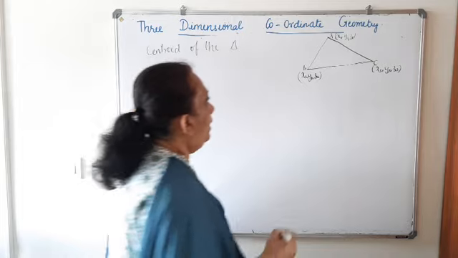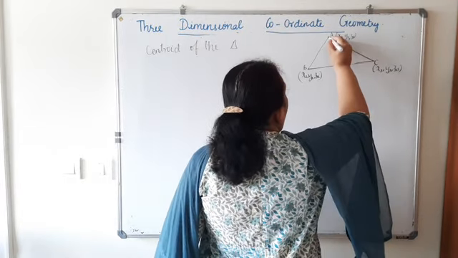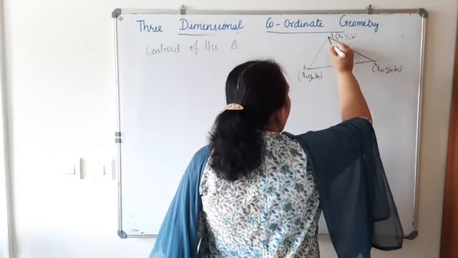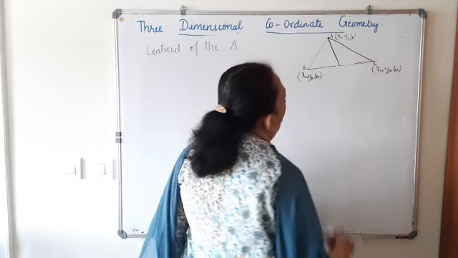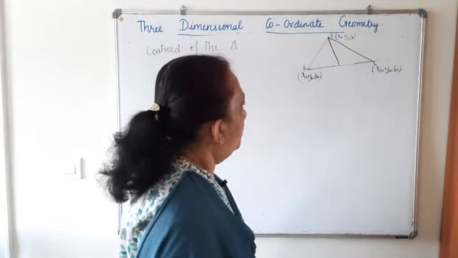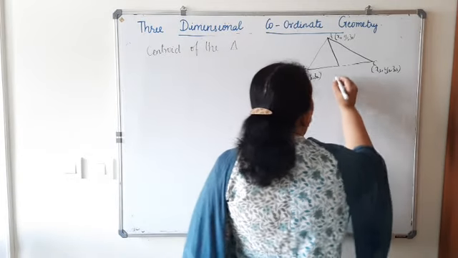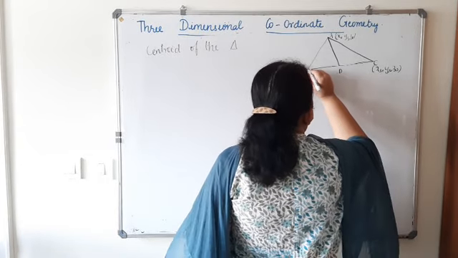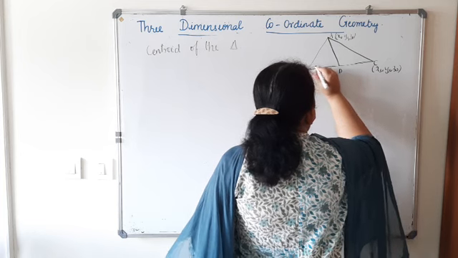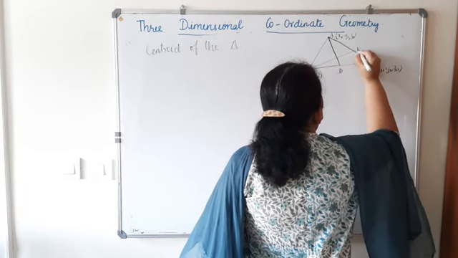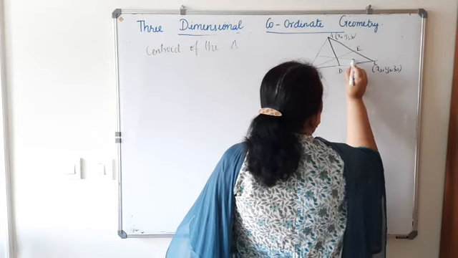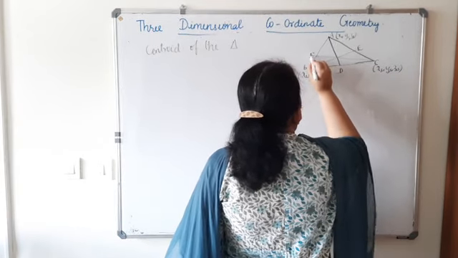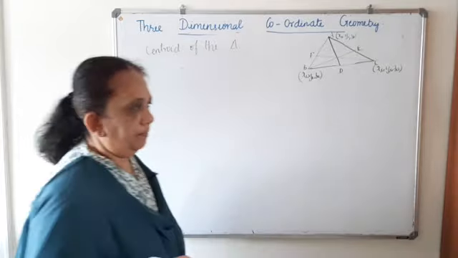Now from A, you draw the median, that is to the midpoint of the opposite side, BC. AD is a median. BE is another median. And CF is another median.